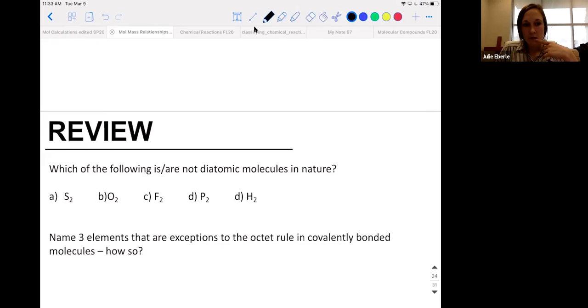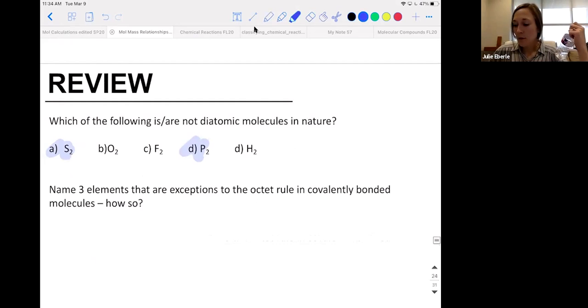Okay, I'm seeing a lot of A and D. So far the votes are A and D, sulfur and phosphorus, and that is correct. Neither one of these exists naturally as a diatomic, but oxygen and fluorine and hydrogen do. That's correct, Grayson.